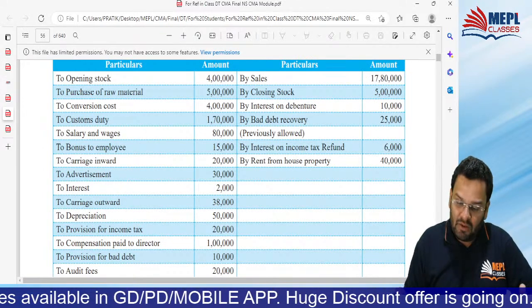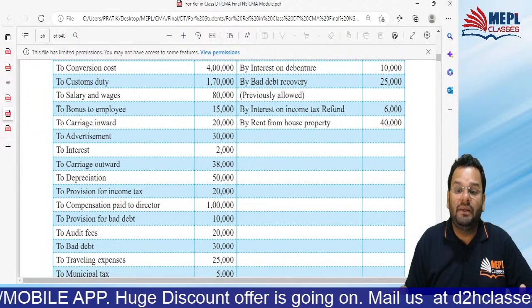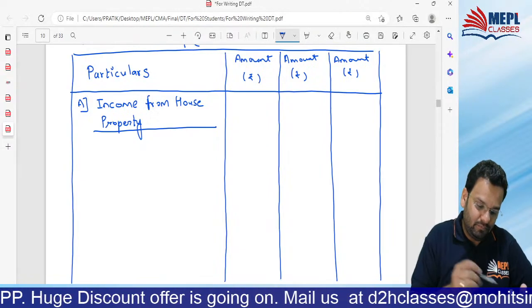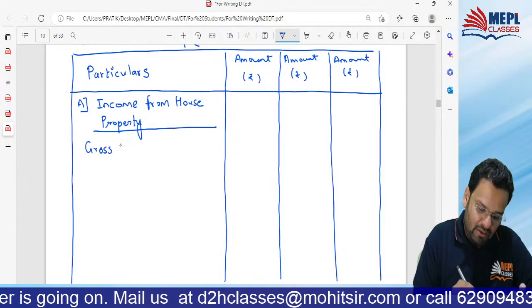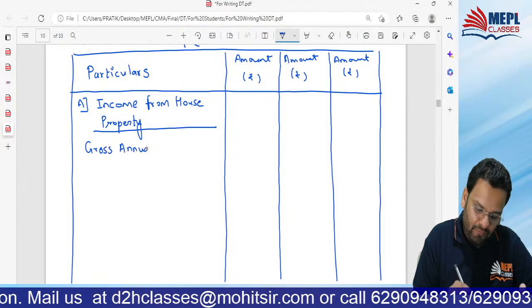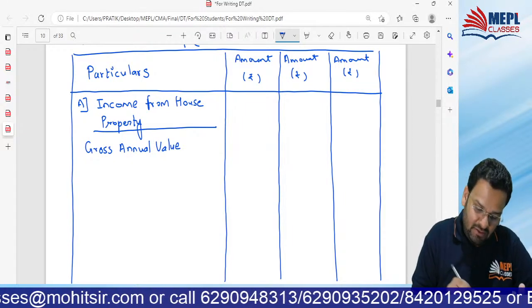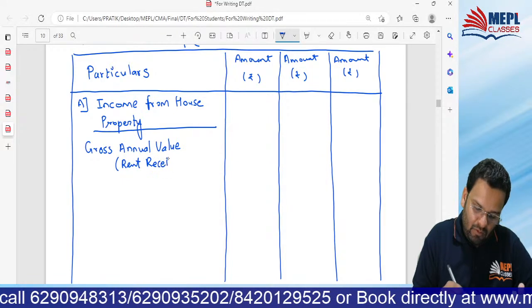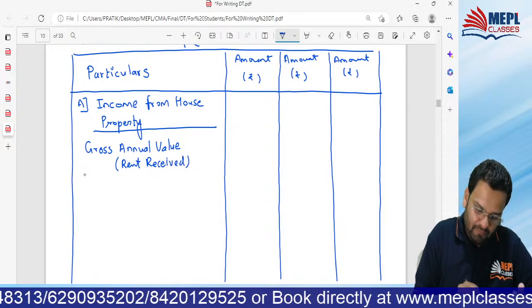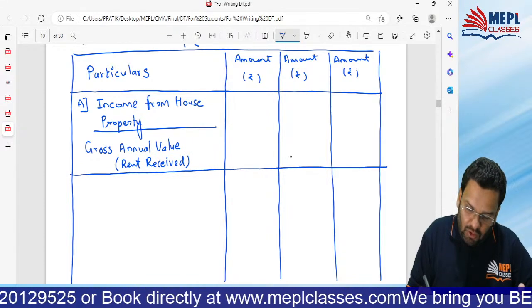So gross annual value will be rent received, which is 40,000.